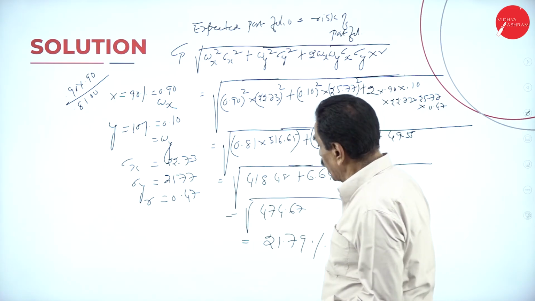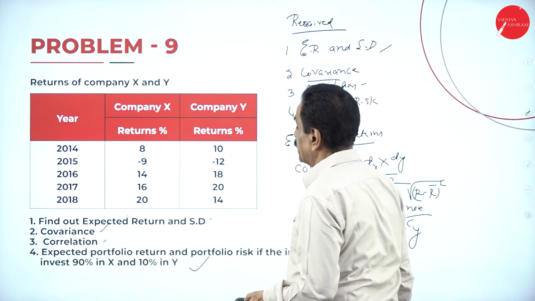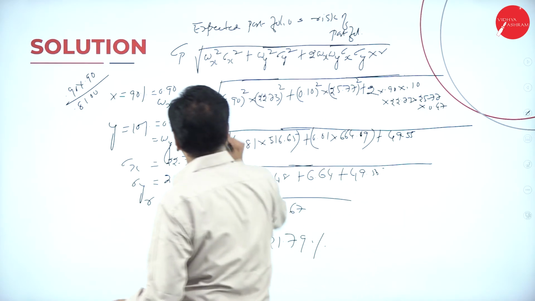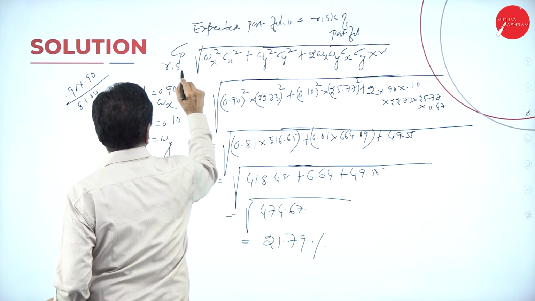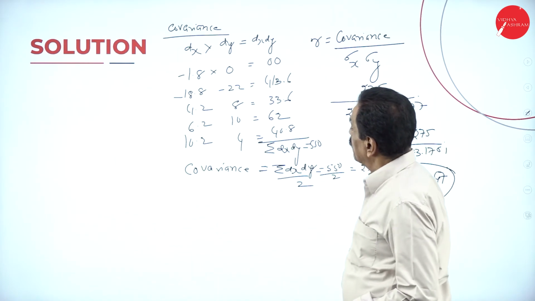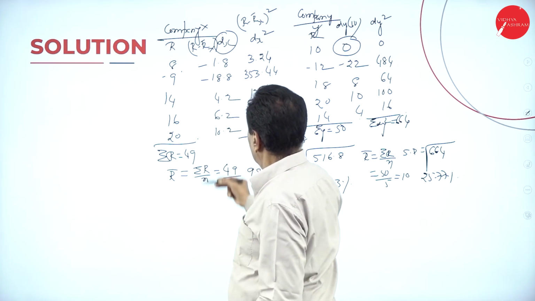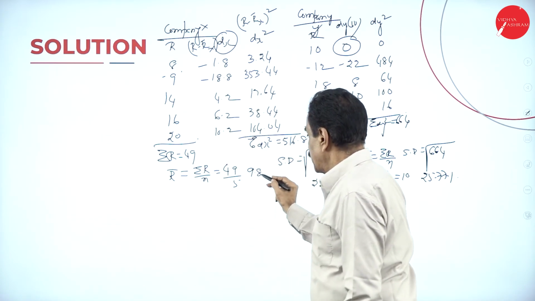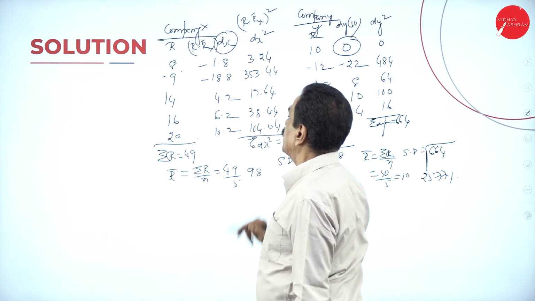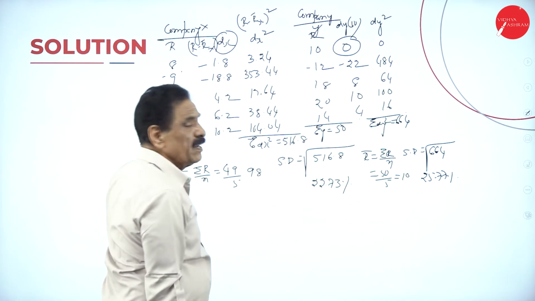So we have found out whatever they require here. Risk, we have to find out. This is called risk. Root of that. Then what are the steps you have taken? First, R is given. Add the figure, 49.9, take the deviation, R minus, you call this dx, and dx square.